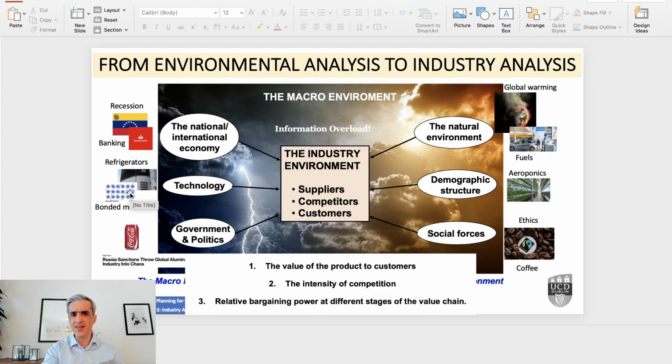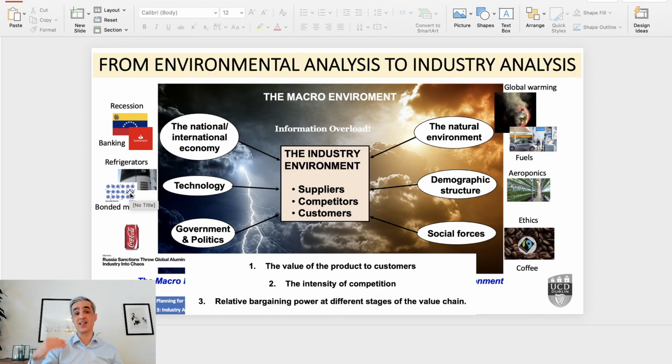What you need to buy, the raw material that you need to buy, how expensive it is, how easy is it to access that material. Competitors, how many customers are going to take away from you? Because that's, in a way, extracting value from your product. And your customers, how likely or how easy is for them to change to another product that is similar to yours? What is their power over you? So understanding these 3 key players will allow you to understand the profit you can make in that industry.